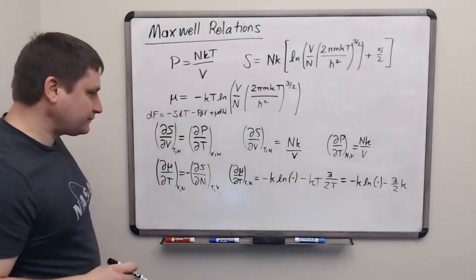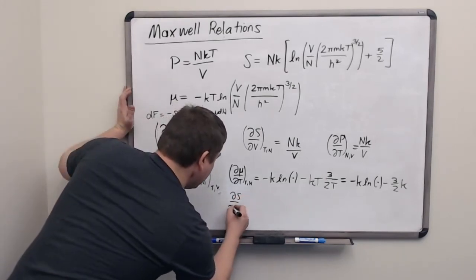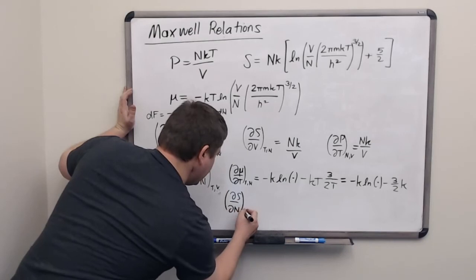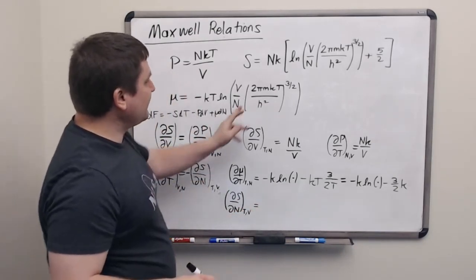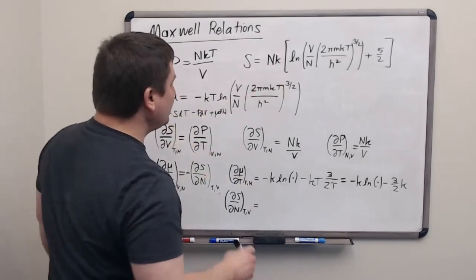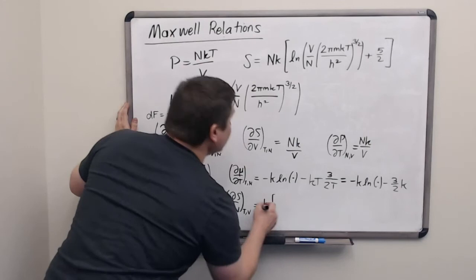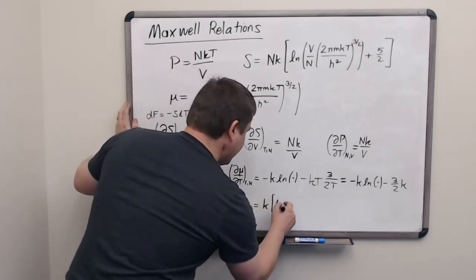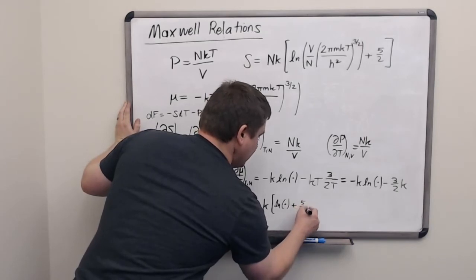Very good. What about ds dn? Well, n appears two places in here as well, once in the front. So I'll have k times the thing in brackets. So the logarithm, and plus this 5/2 factor.